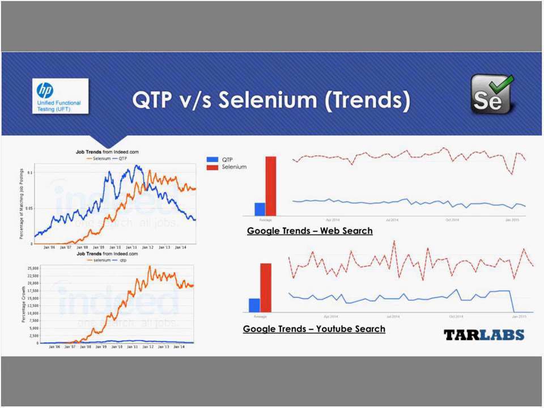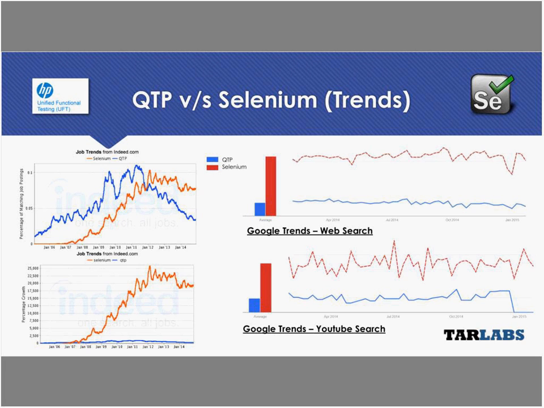You can see somewhere between 2011 and 12, QTP started to take a dip in the number of jobs being posted. And at the same time, Selenium started to take a jump. And if you look at the difference between the two graphs, it is substantial as of now.